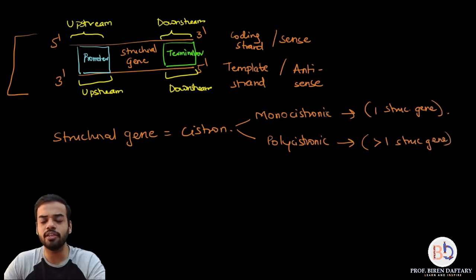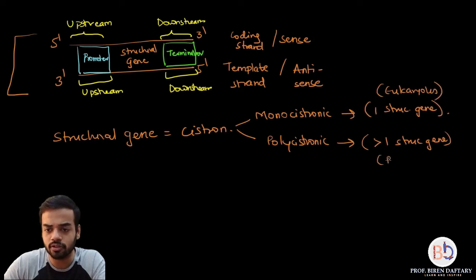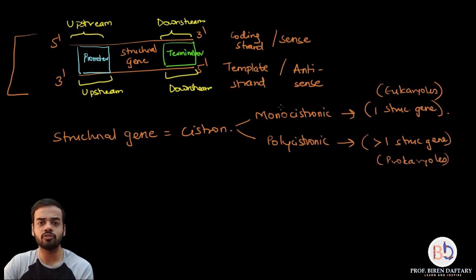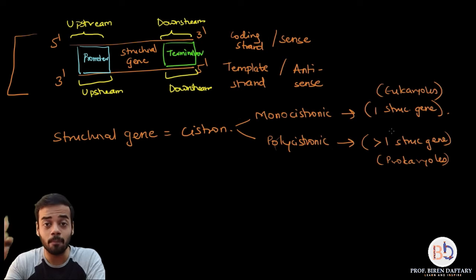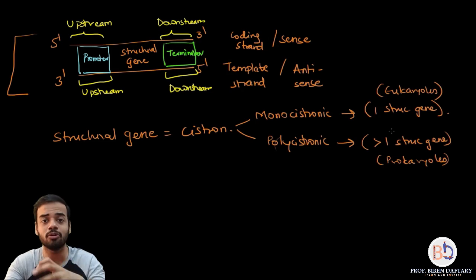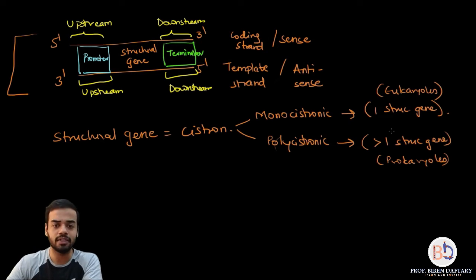Normally monocistronic are eukaryotes, so I'm going to write them over here. So eukaryotes are monocistronic, whereas prokaryotes are polycistronic. What happens in monocistronic organisms is one gene gives rise to one mRNA, which gives rise to one protein, and in case of polycistronic organisms, more than one structural gene gives rise to one mRNA, which gives rise to a number of proteins equal to the number of structural genes. Is this clear? Okay, now let us start with the actual process of transcription.